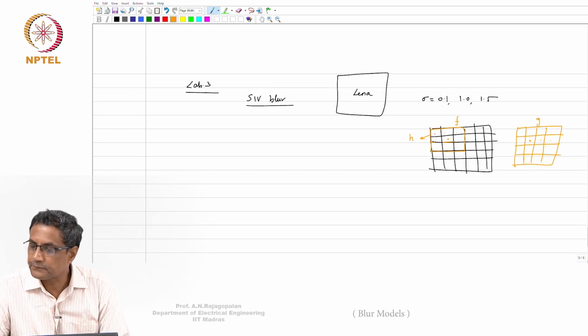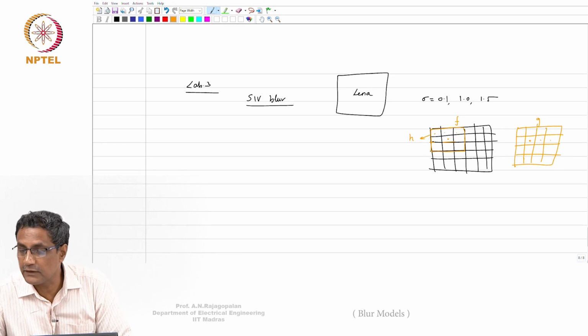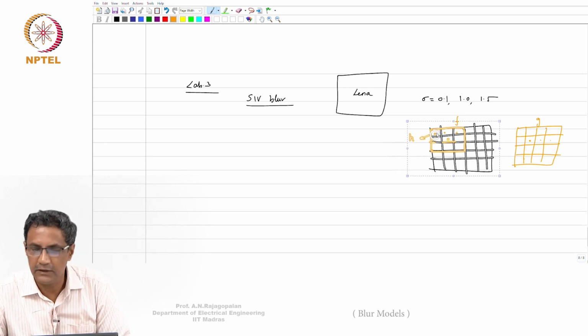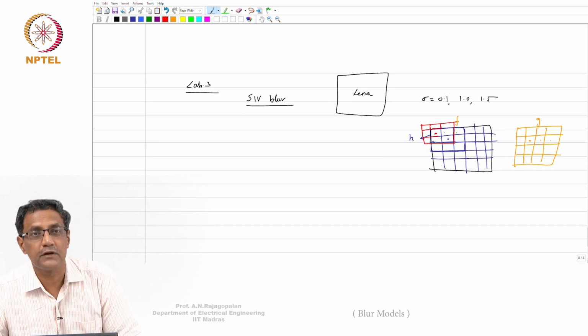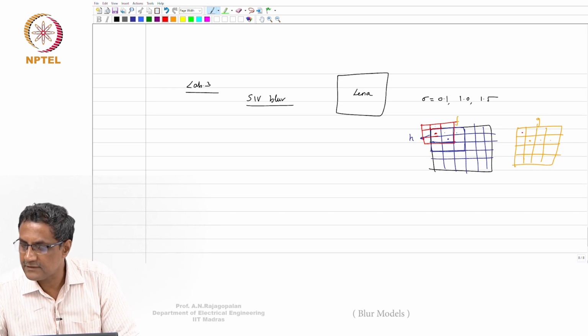Now I just wanted to tell you about the boundary, because you also have to find the value there. You're sitting here, you have your 3 cross 3 kernel, and you want to say what value to copy here. The problem is that outside you don't have any values at all.